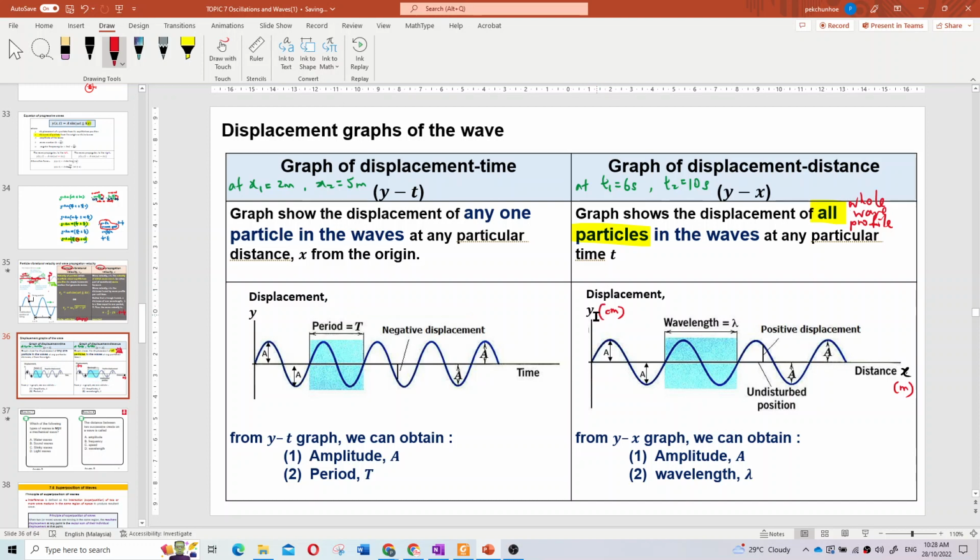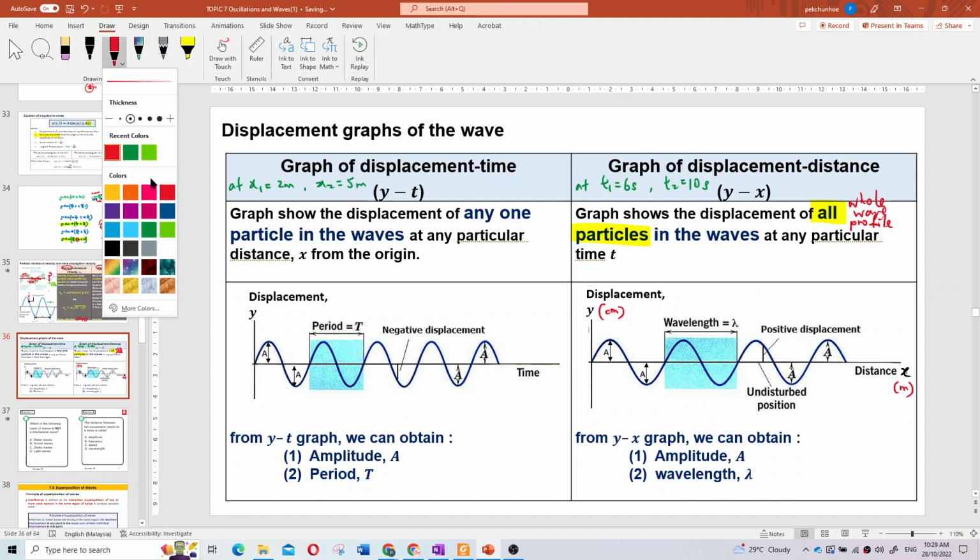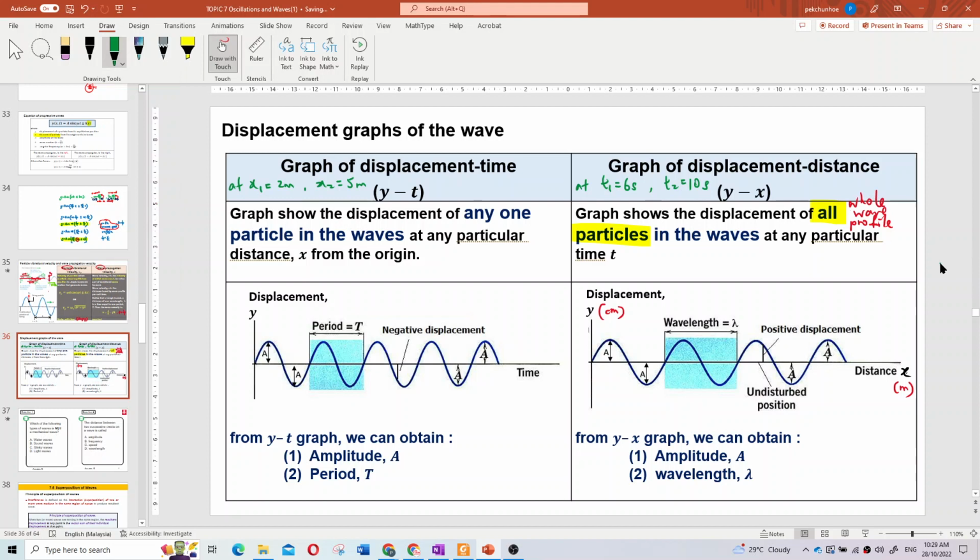Kalau displacement ini bagi dalam cm, that means what? That means the amplitude here. This one is the amplitude. You understand? Amplitude dia dalam cm juga. Understand or not?